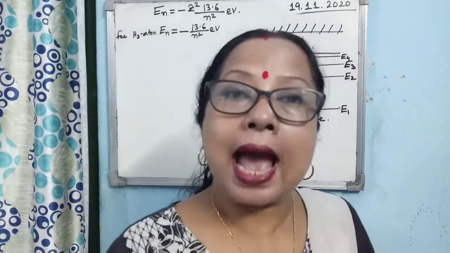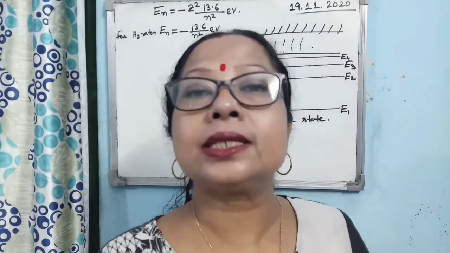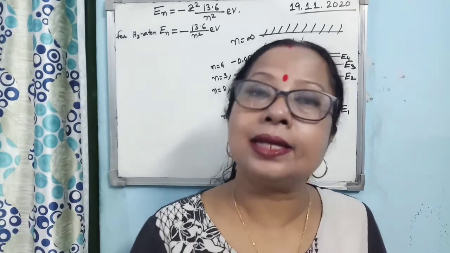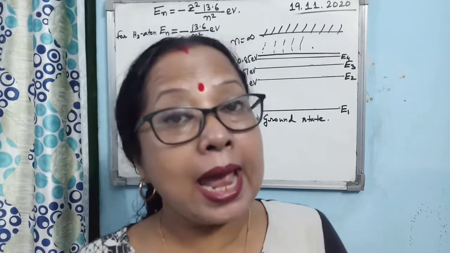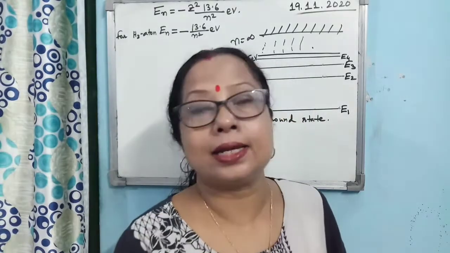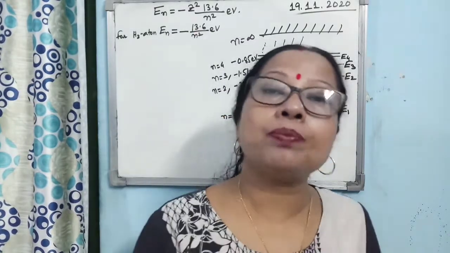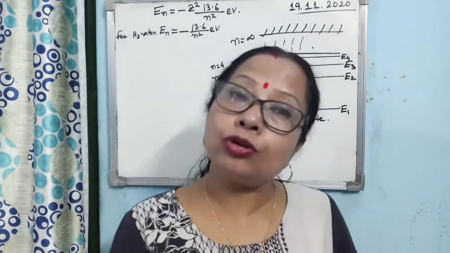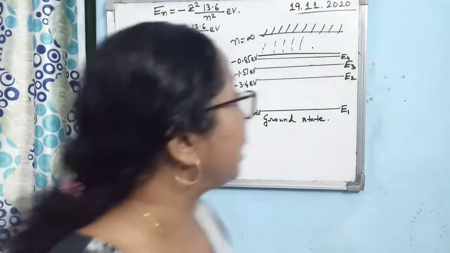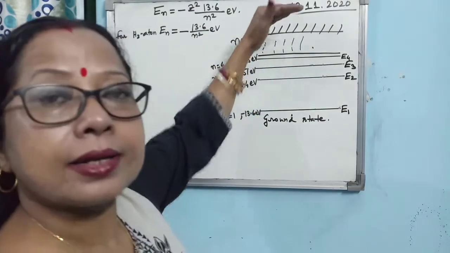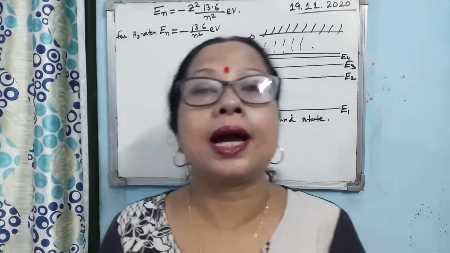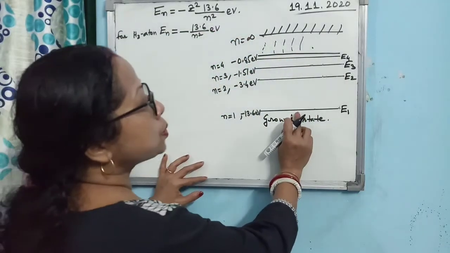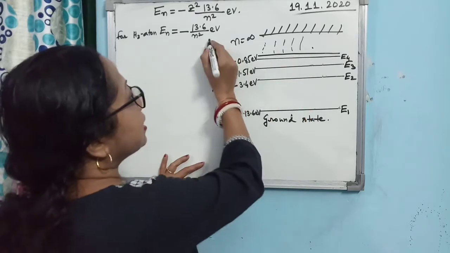And this potential, which can provide the electron the necessary energy so that it can come out from the atom, and the atom becomes an ion, is known as the ionization potential. The energy needed by the electron to come out from an atom, to jump from the ground state to the infinite state, is known as the ionization energy.